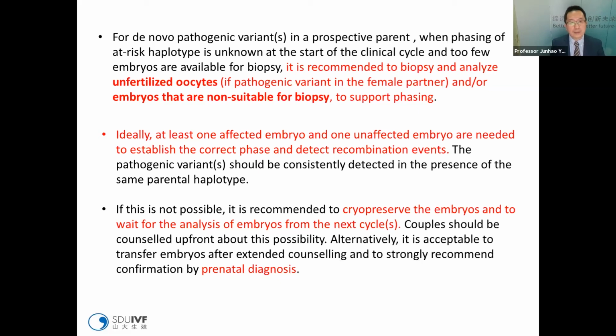Ideally, at least one affected embryo and one unaffected embryo are needed to establish the correct phase and detect recombination events. If that is not possible, it is recommended to cryopreserve the embryos and wait for the analysis of embryos from the next cycles.